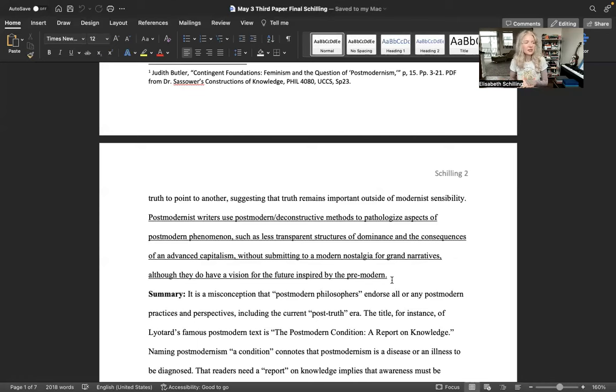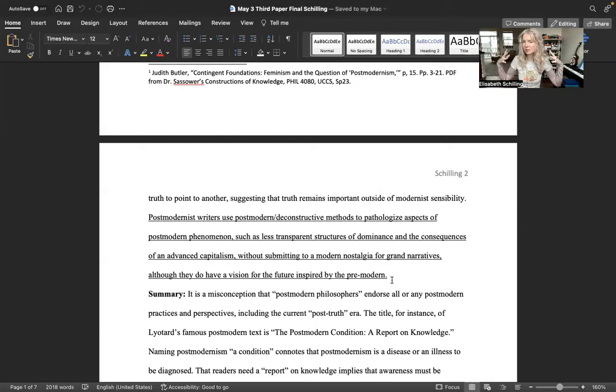And what I was going to say is that one of the things I realized reading and discussing postmodernism in my class is that it's not always clear if the postmodernist writer is endorsing.